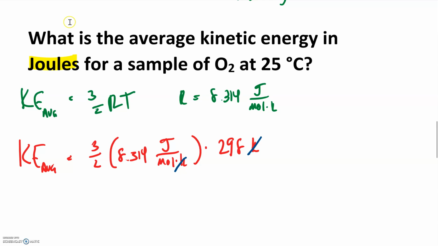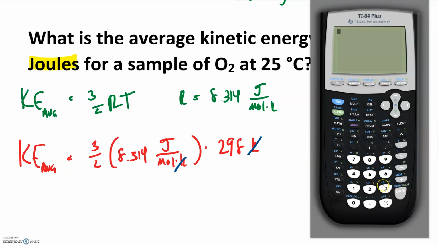So let's bust out our calculator. So we'll say 3/2, obviously that's 1.5, times 8.314 times 298.